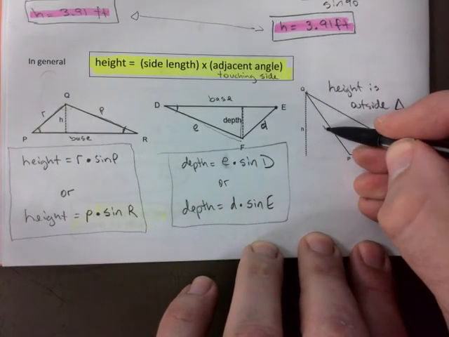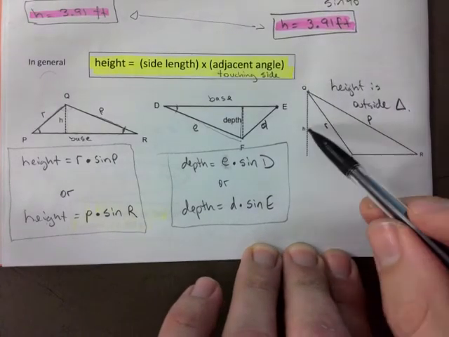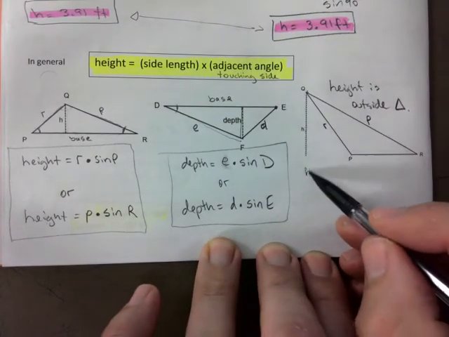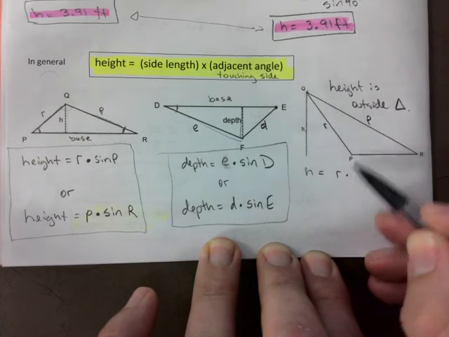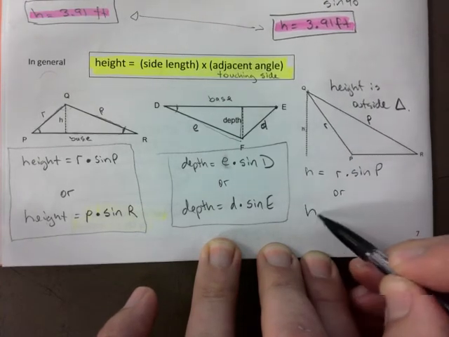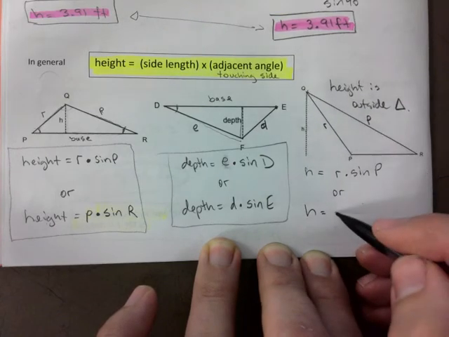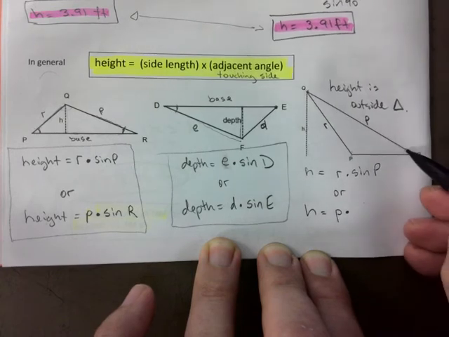This is R here, and this is side P. So to find the height here, you would go R times sine of P, or height is side P out here times sine of R.